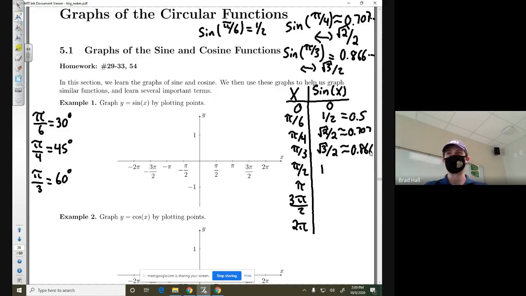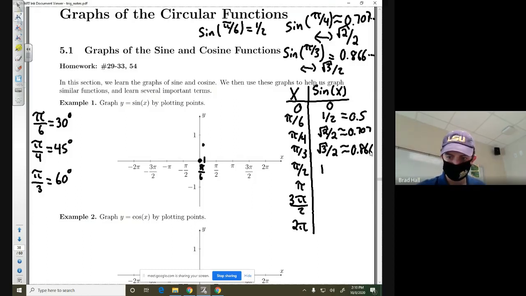So what we're doing is finding some points to plot on the graph to get an idea of what sine looks like. When we plug in 0, we get 0. So if anything, we get that point right in the center. We plug in pi over 6, we seem to get 0.5. So consider that about halfway.